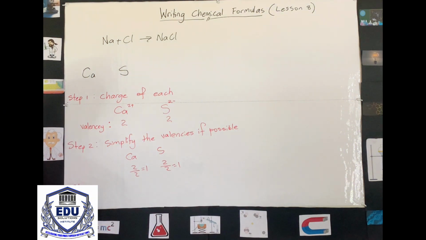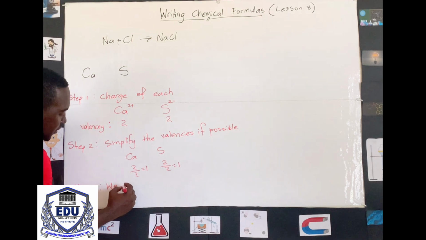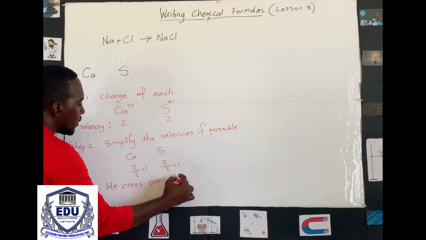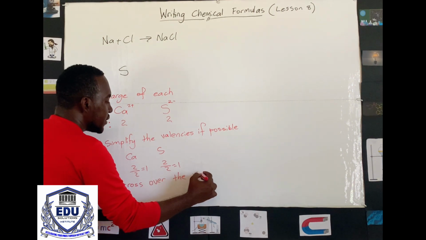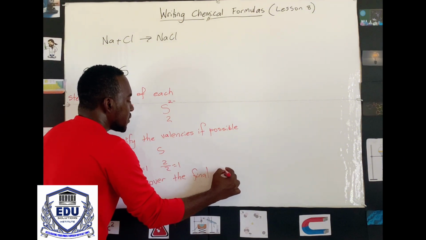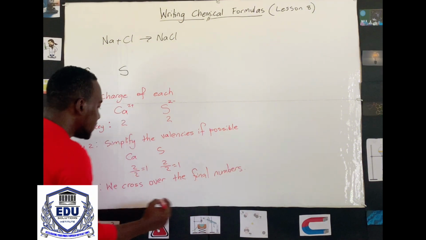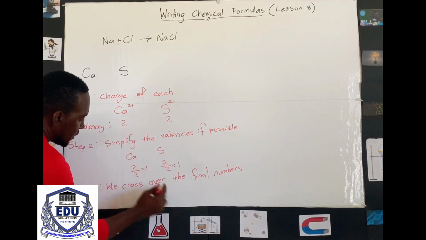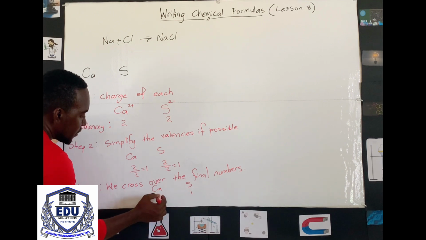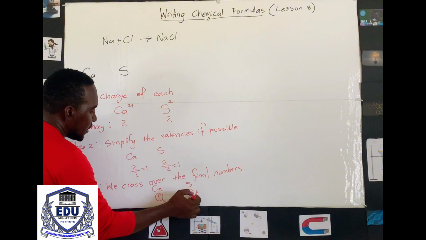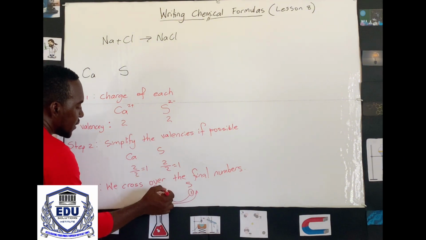And then the final step is we cross over the final numbers. What this means is, calcium had 1, sulfur had 1. So we take this 1 from calcium to sulfur, and this 1 from sulfur to calcium.